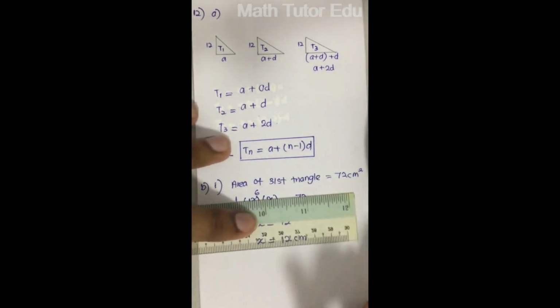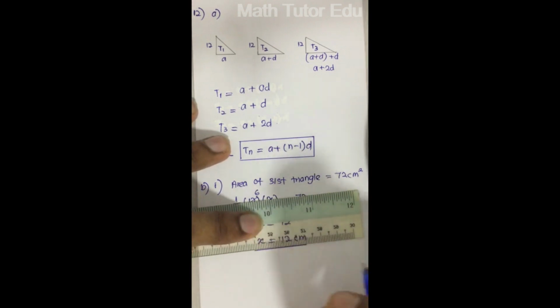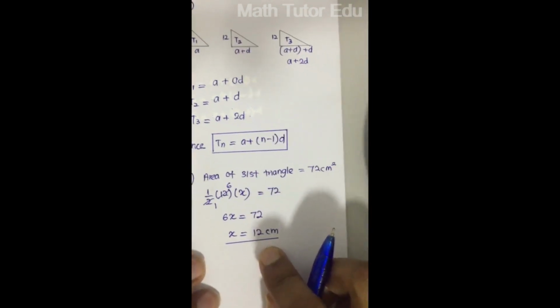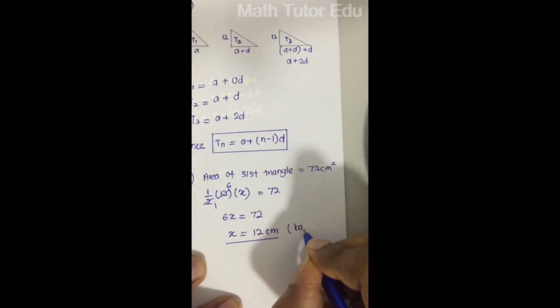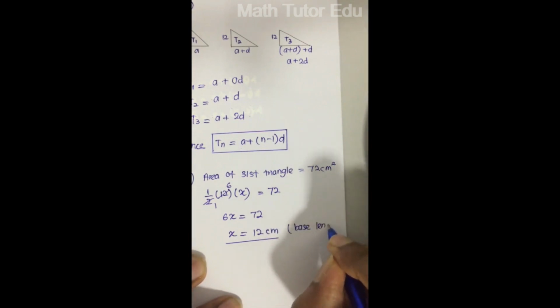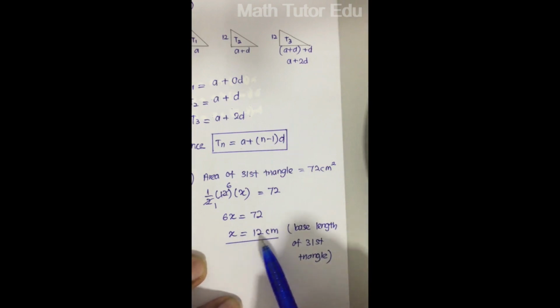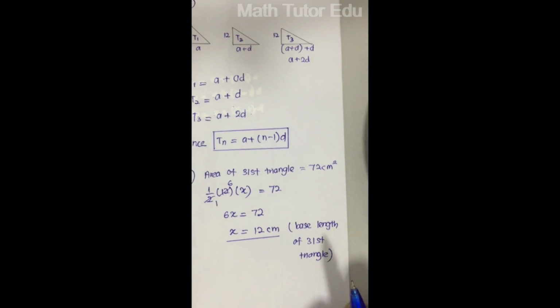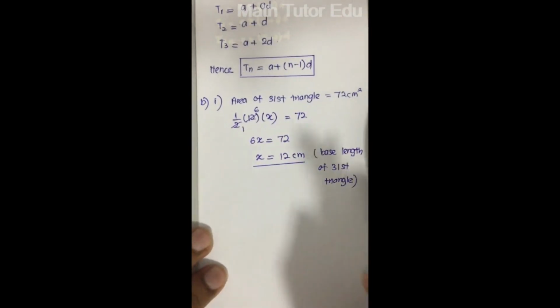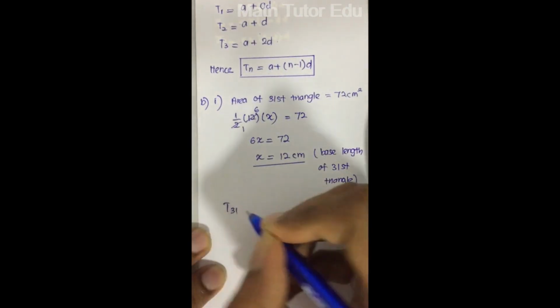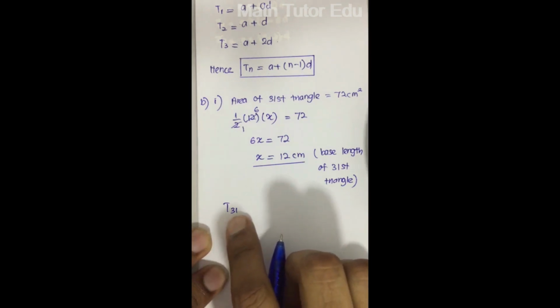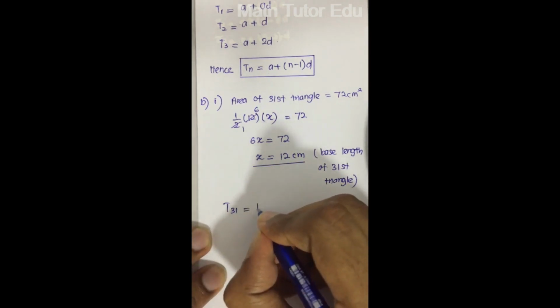This 12 centimeter is actually the base length of the 31st triangle, guys. I hope you guys are clear. So we can write that T31, the length of the base of the 31st triangle, is equal to 12 centimeter.